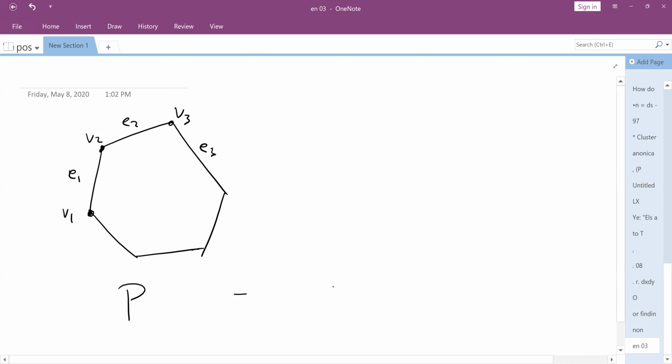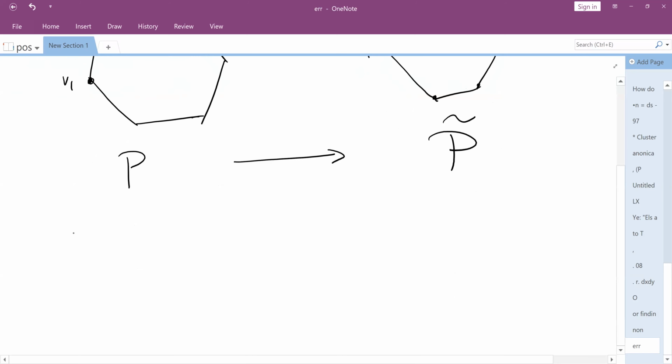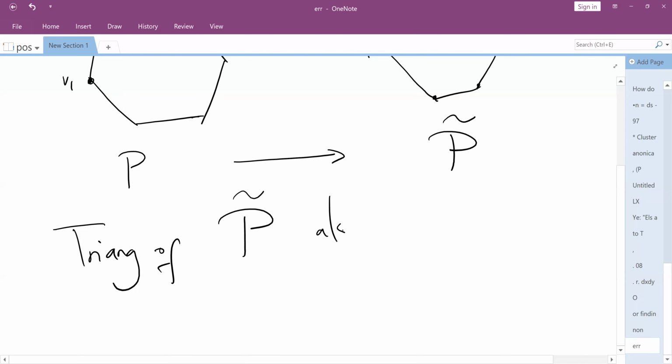If this is a polygon, we also have a notion of the dual of the polygon, and the dual is the picture where all the edges are vertices and all the vertices are edges. In this case it's very simple because duals of polygons are just other polygons, but now these are edges and these are vertices. And a quite simple and nice fact is that a triangulation of P dual also gives a triangulation of P.